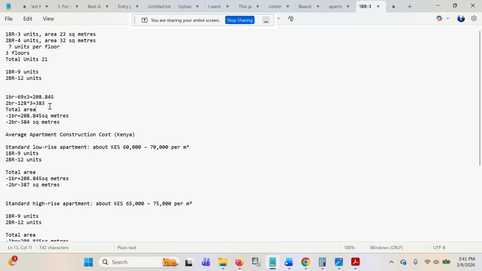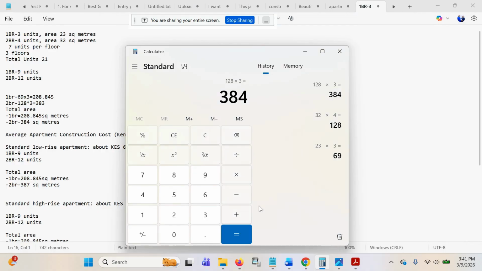So the total area, therefore, is the summation of these two: 384 plus 208.845.